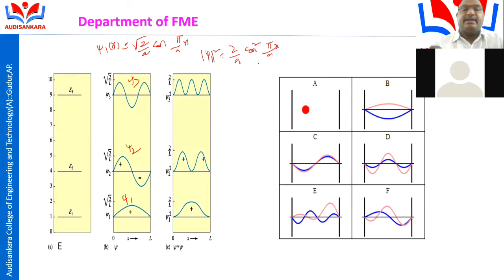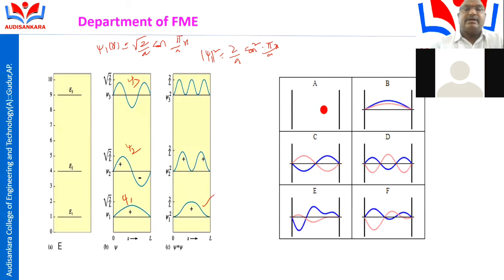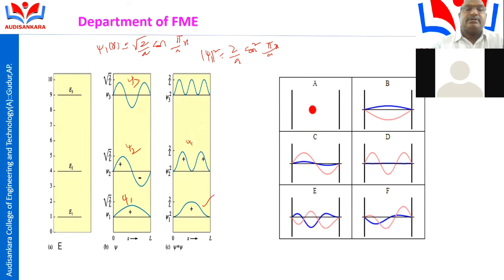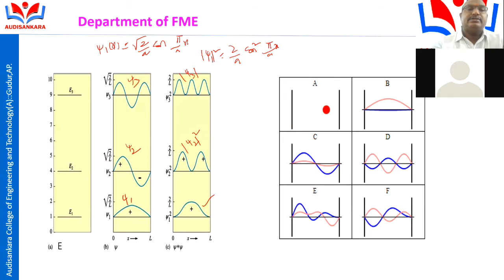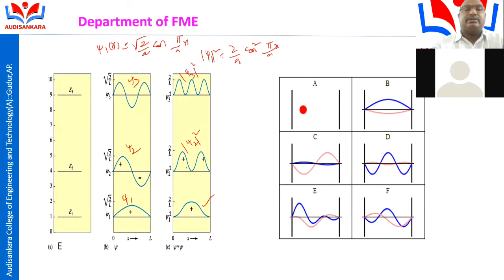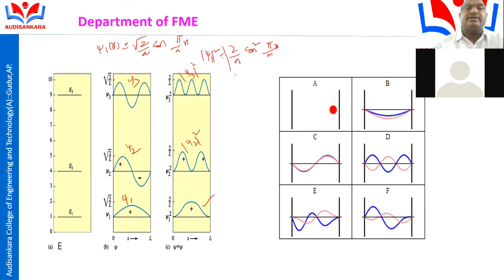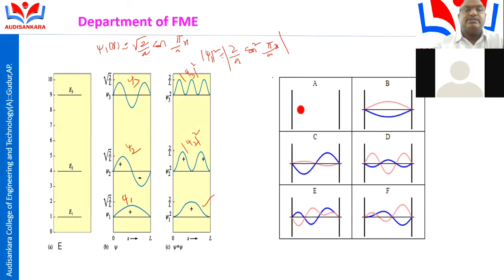So 2 pi is called the 180 degrees, and the second one is 2 pi. Mod psi 2 square, mod psi 3 square, all are positive. Why? Because it is the modulus value.